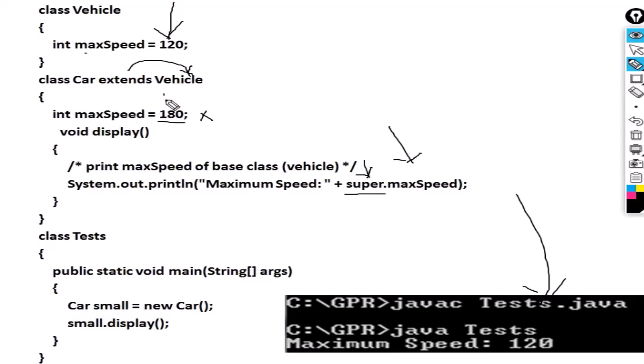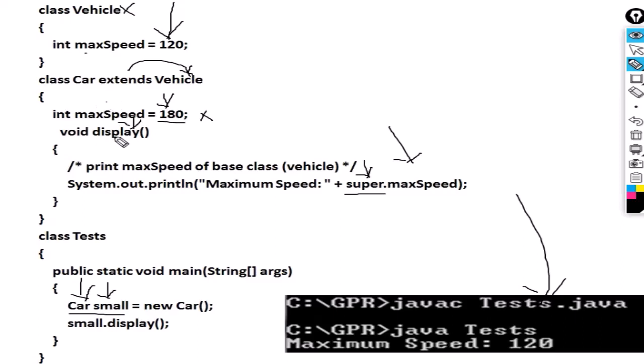It means derived class values and derived class methods will be taken by default, because here you have mentioned a car class and created an object for car, not for vehicle. So it is going to take the derived class variables and methods.